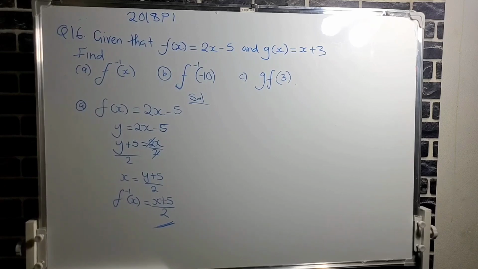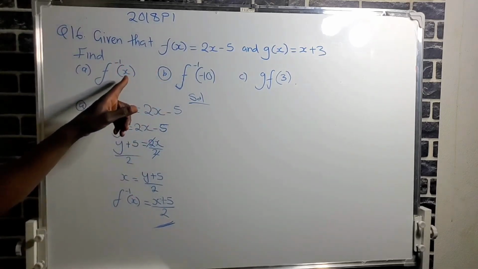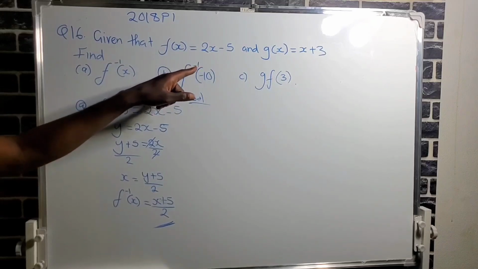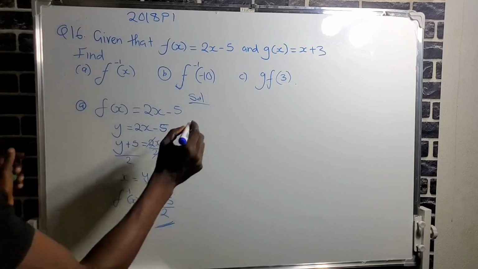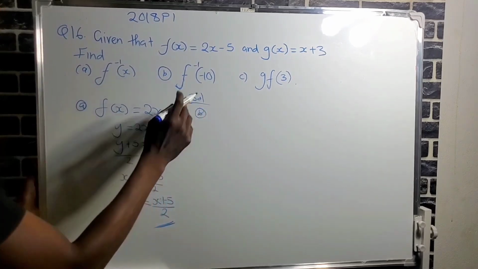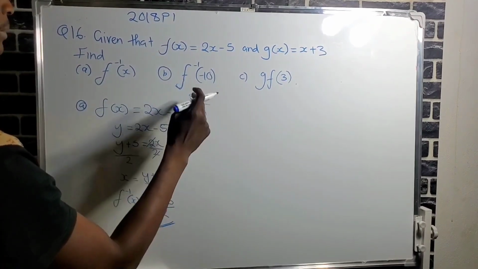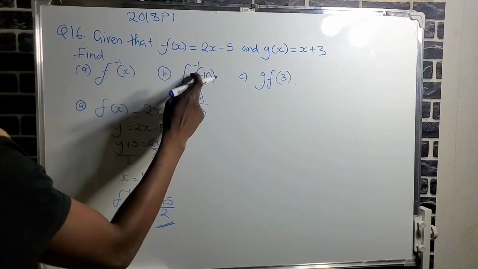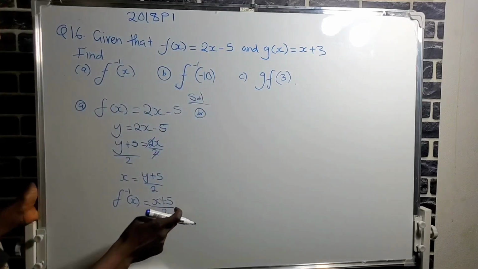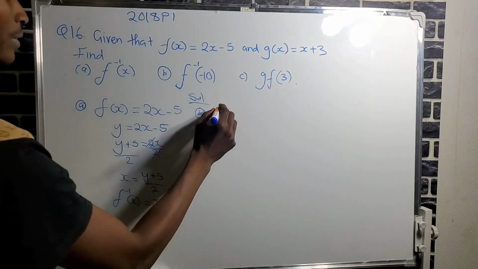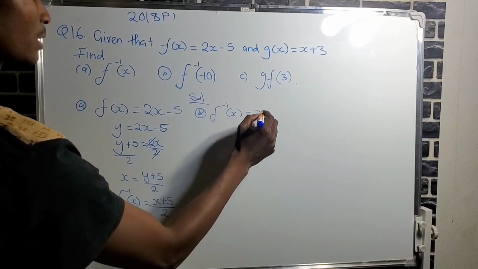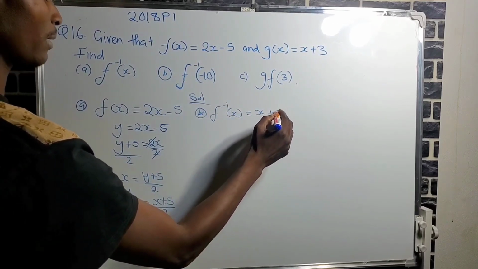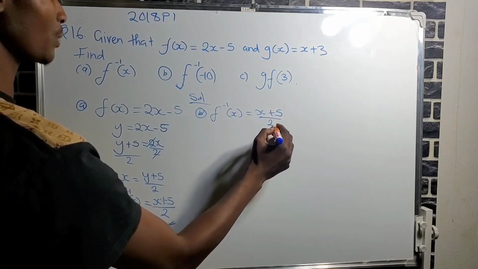The first question. The second question is also based on the first question, in that this is also f inverse, and we've already calculated the f inverse here. So B, we're asked to find f inverse of negative 10. So we're going to copy this f inverse, which is f inverse of x is equals to x plus 5 over 2.